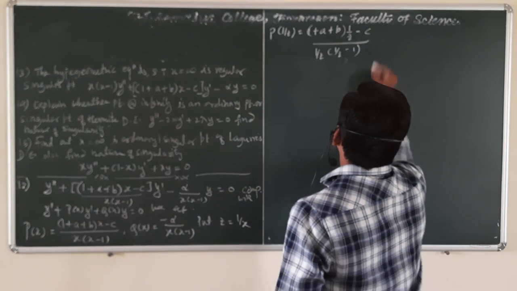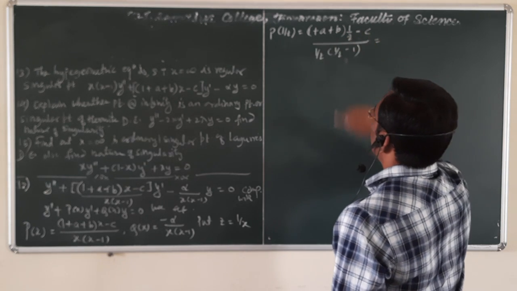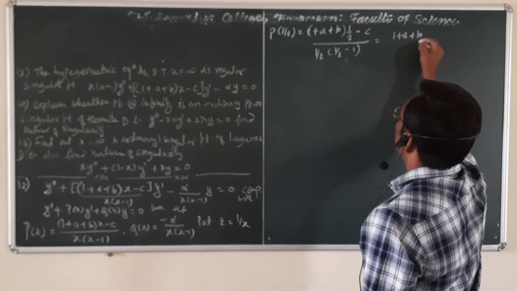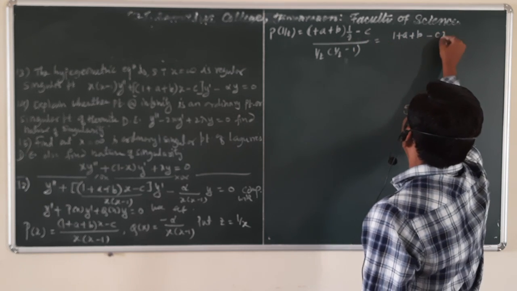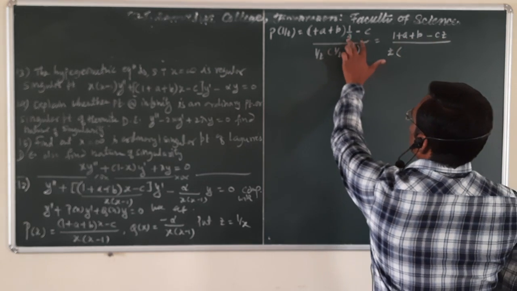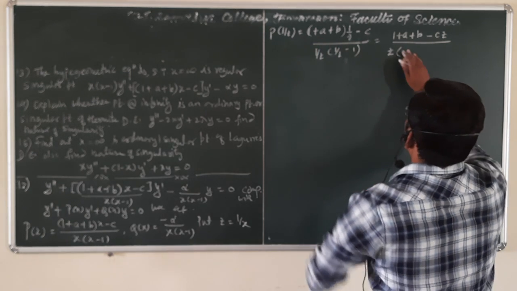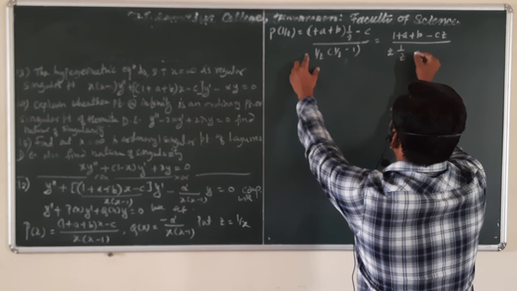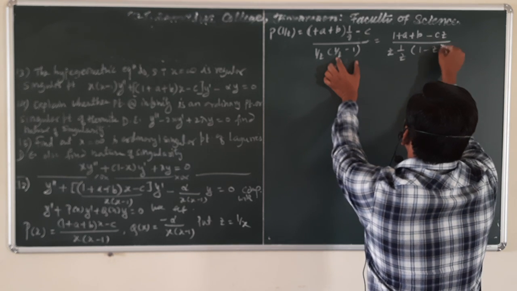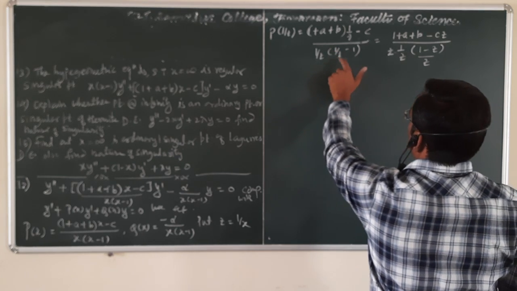And we can simplify this by cross multiplication: 1 plus a plus b minus c into z divided by z into, first of all, 1 upon z multiplied by this (1 minus z) upon z, cross multiplication of this.